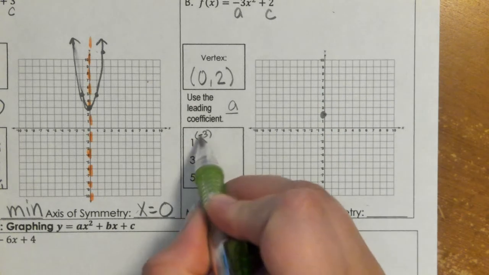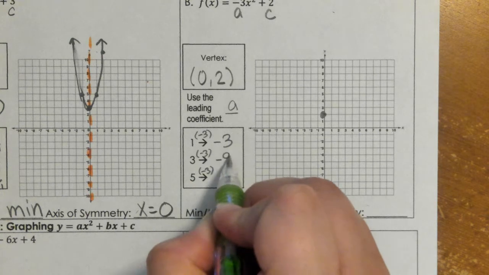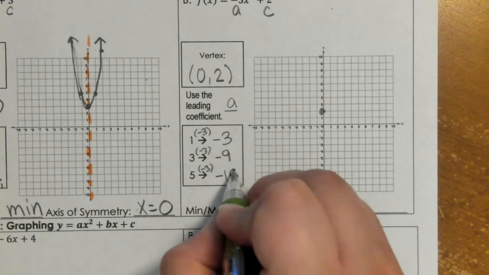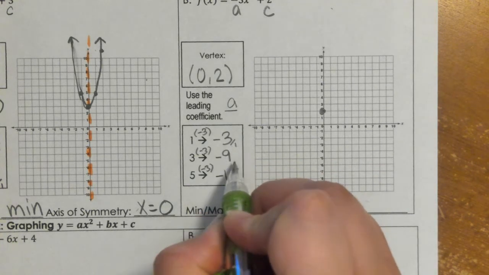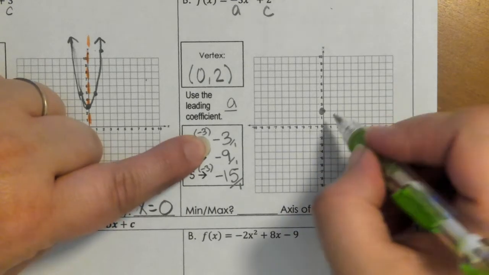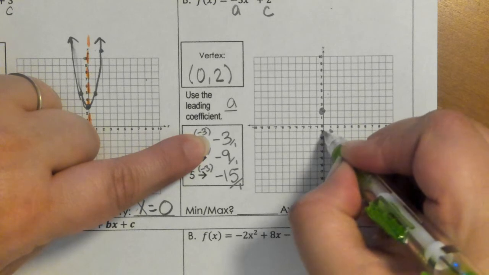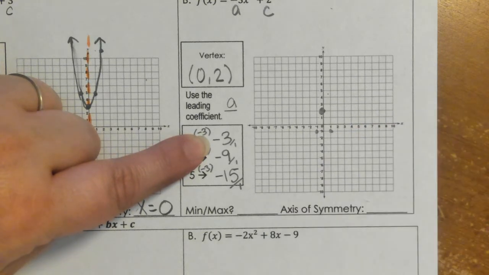So here, 1 times negative 3 would be negative 3. 3 times negative 3 is negative 9. 5 times negative 3 is negative 15. And remember, it's like slope, so this is over 1. So now I'm going to go down 3 over 1, down 3 again, and left 1.